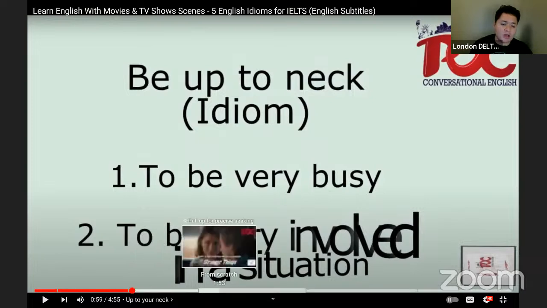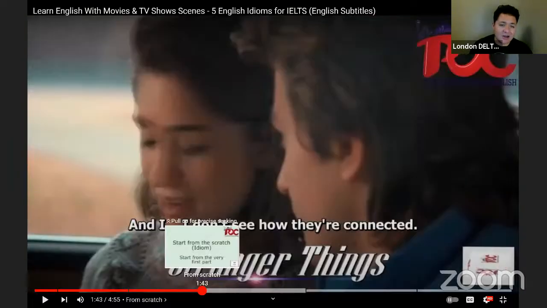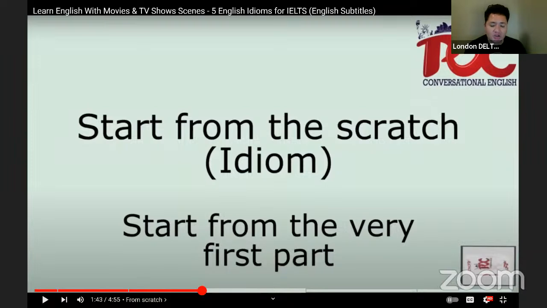Okay, the other expression was from scratch. Start from scratch. What is the meaning, or how do you understand this idiom?